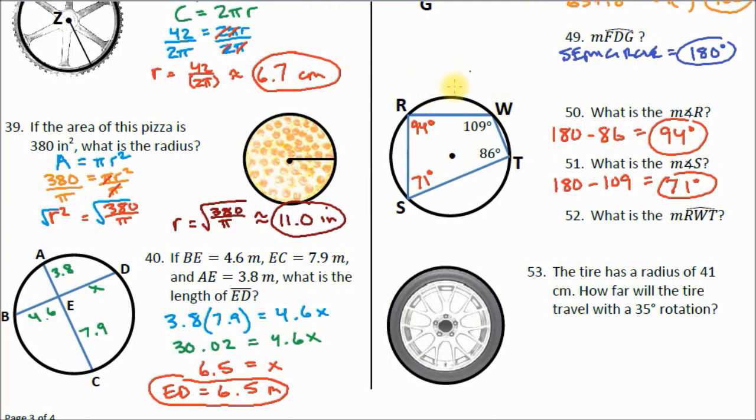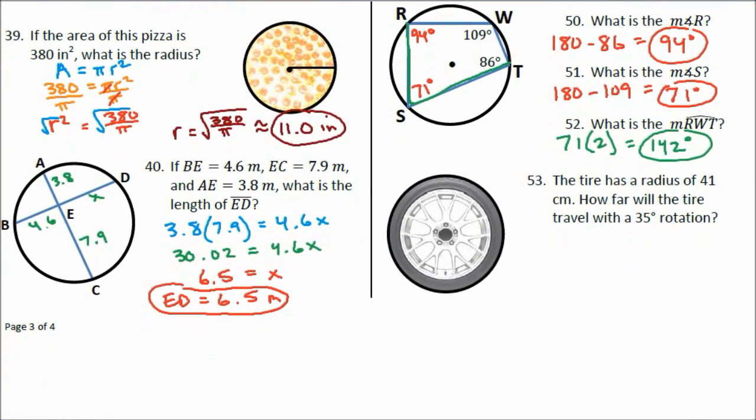And again, arc RWT is the intercepted arc of inscribed angle S. That means to find the measure of that arc, we just take 71 degrees and multiply it times 2. And we're going to end up with 142 degrees.